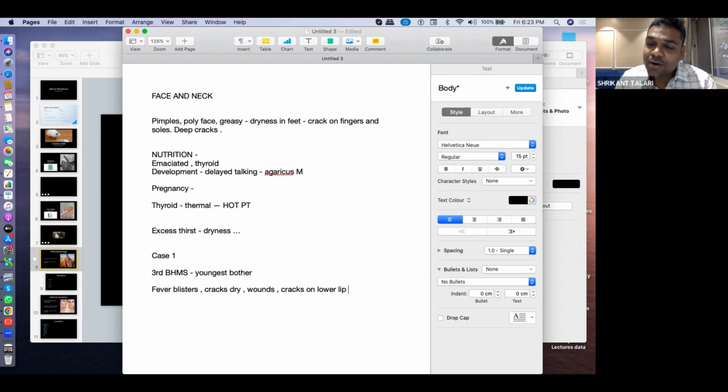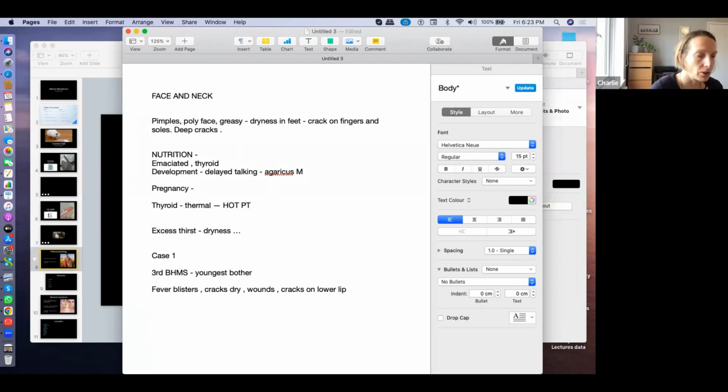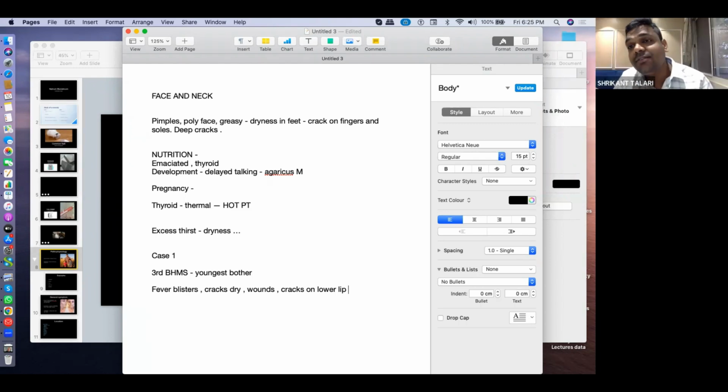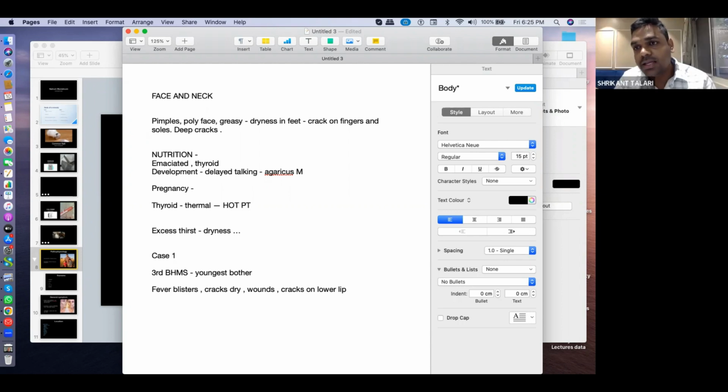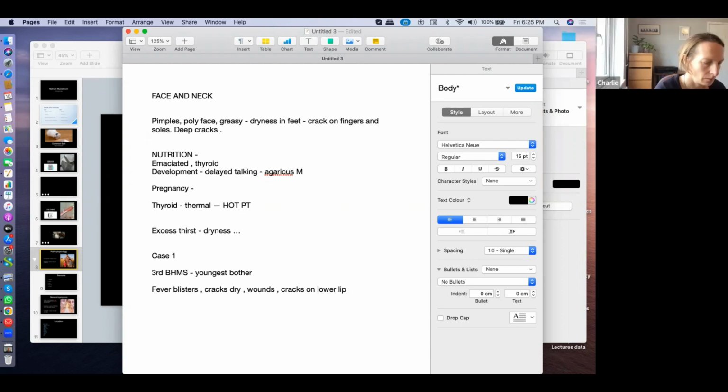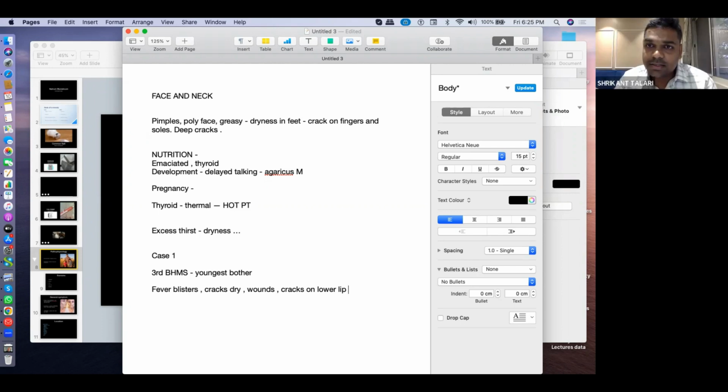Now, along with that, what will be there? So you see dryness over here, though somewhere there will be swelling. Either on the face or on the eyes or on the throat or on the legs, somewhere.